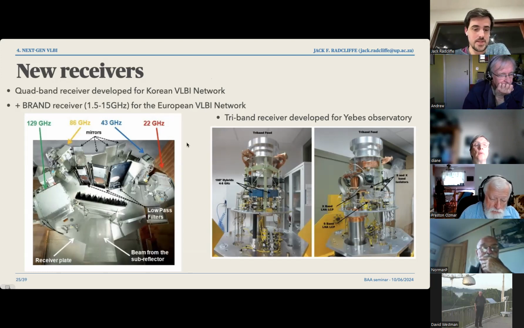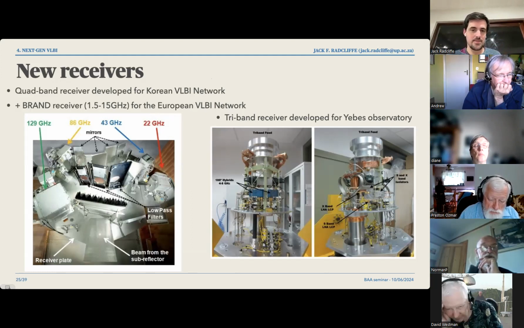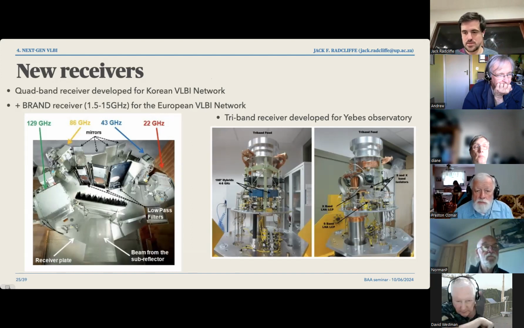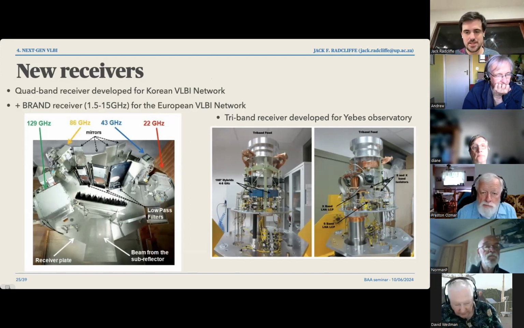These are 4 different receivers, which all can work at the same time. So this is a quad band receiver, which is developed for the Korean VLBI network. And this means that you can basically do 22 gigs, 43, 86, 129 all at once in a single observation.